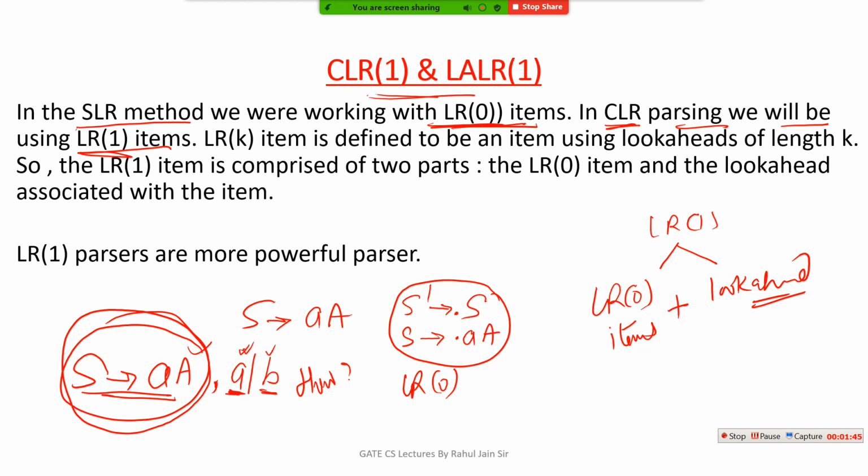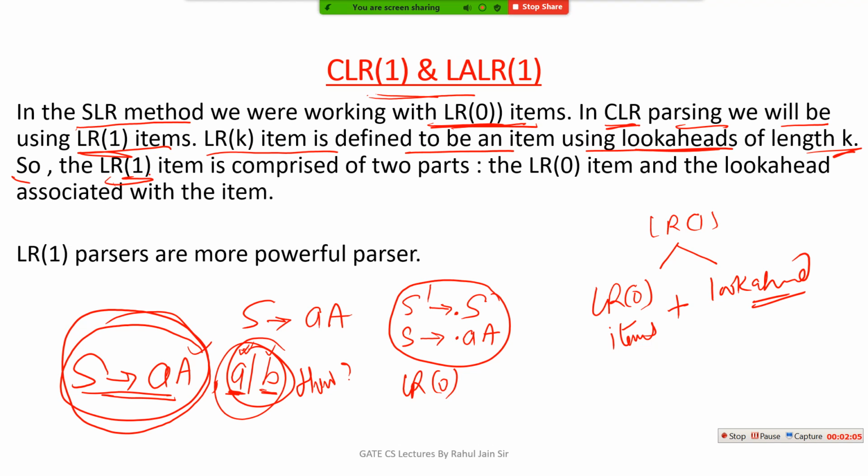We will discuss it with an example, but from a definition point of view, an LRK item is defined as an item using look aheads of length k. It may be of length k, that is A, B, C, D, depending on the grammar.